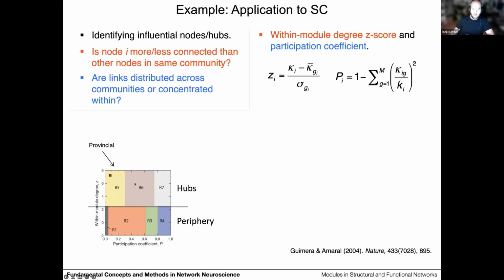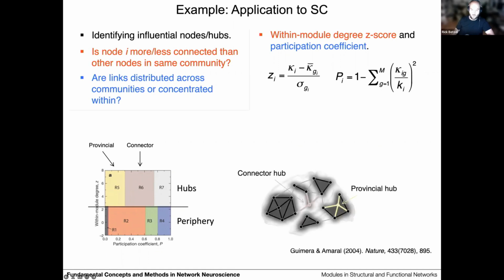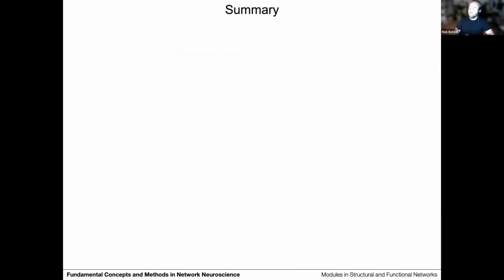The hubs themselves can be subdivided into provincial or connector hubs on the basis of their participation coefficient. To build some intuition, a connector hub would sit at the boundary of multiple modules and maintain connections to different modules, whereas a provincial hub sits atop its own module and makes connections to other nodes in the same module. There are other classes of hubs too, including kinless hubs that don't really have a clear community assignment.